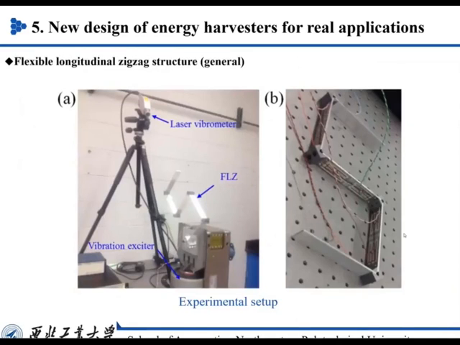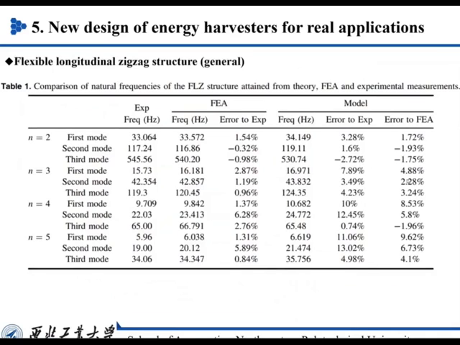This is the experiment. We found the joint mass is very large, which makes it very difficult to get the exact model.